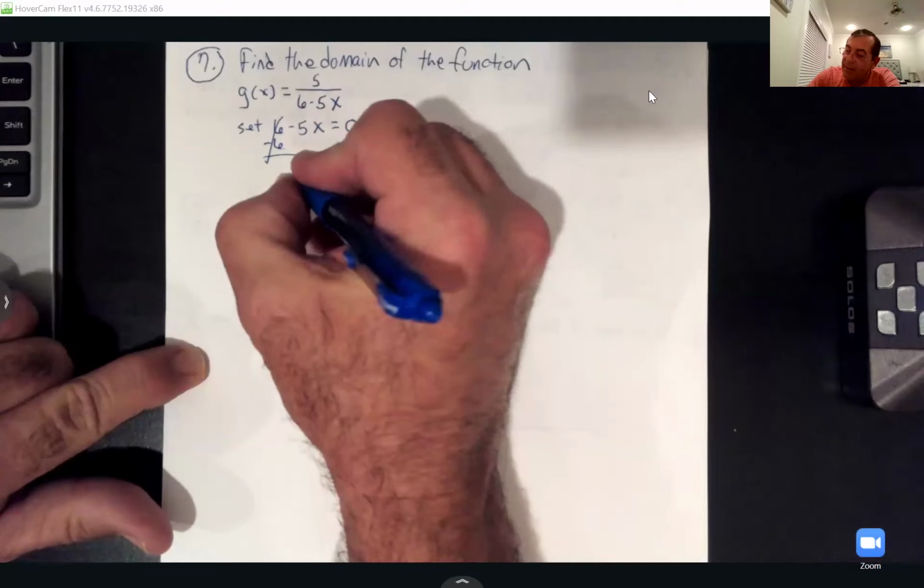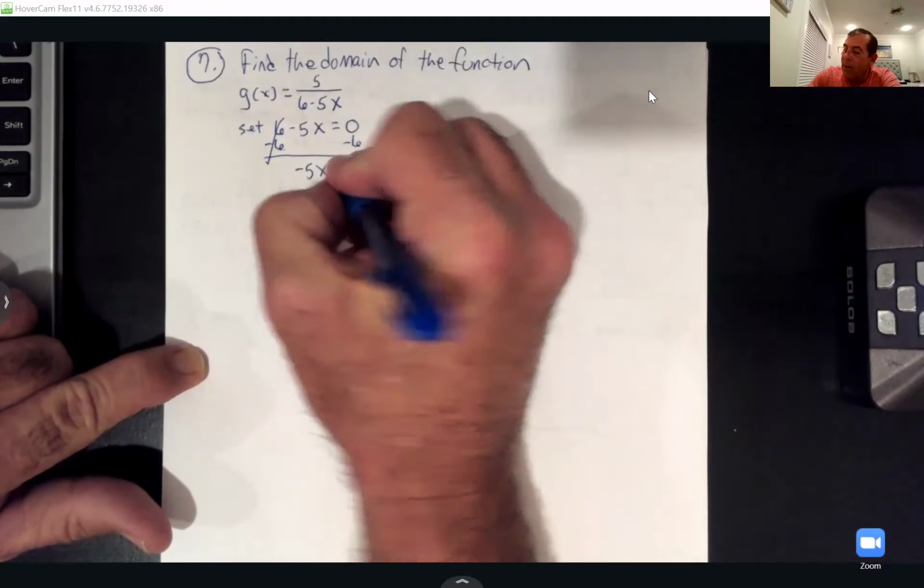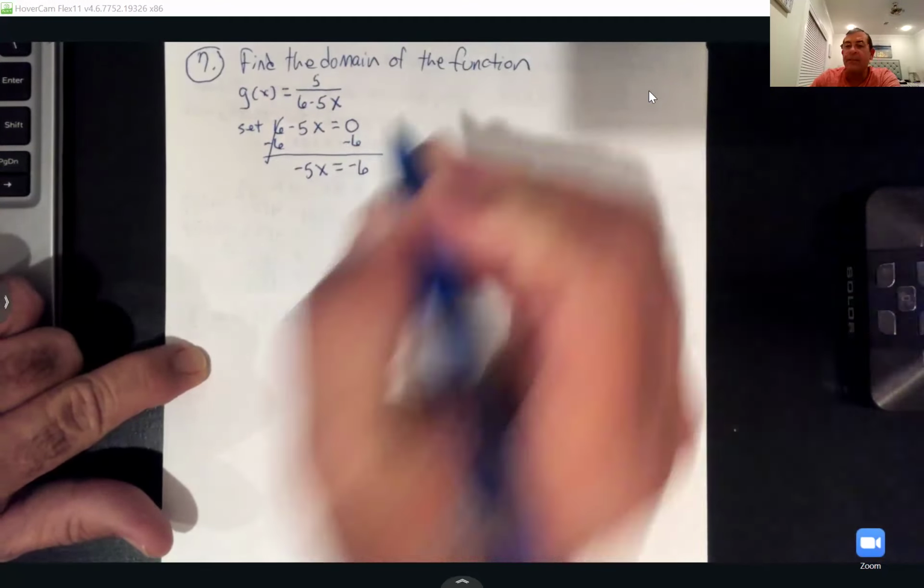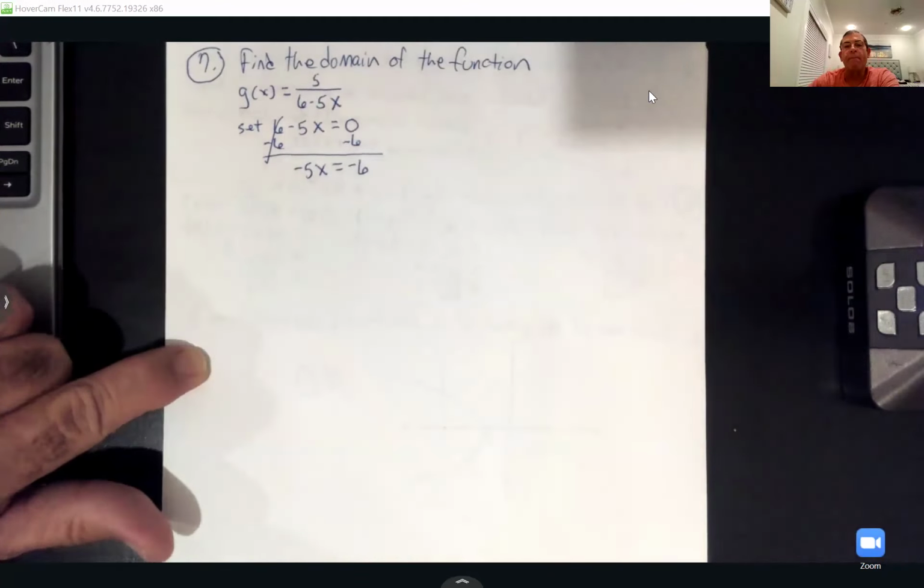So on this one, you're going to move the 6 over by subtracting it from both sides. So that cancels. I'm left with my negative 5x equal to a negative 6. And then divide both sides by negative 5.